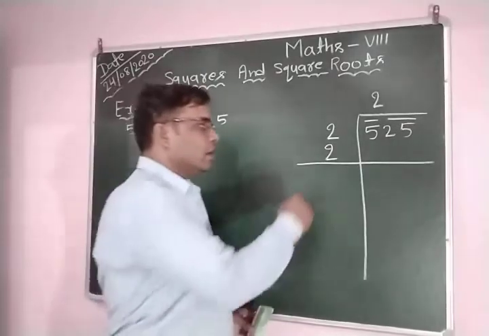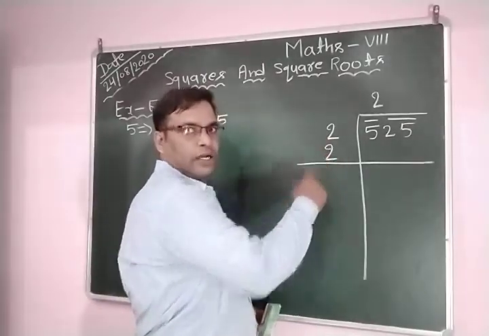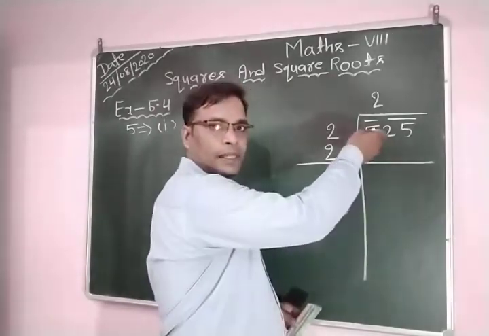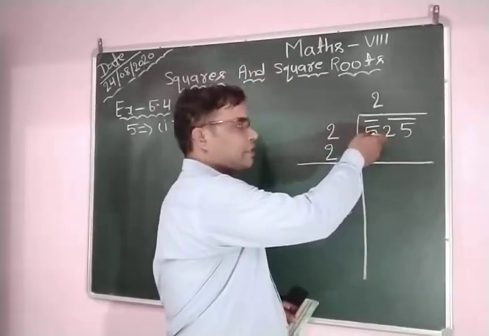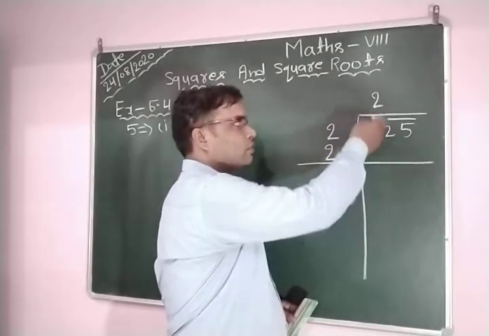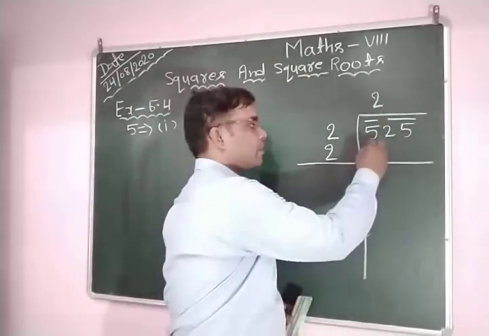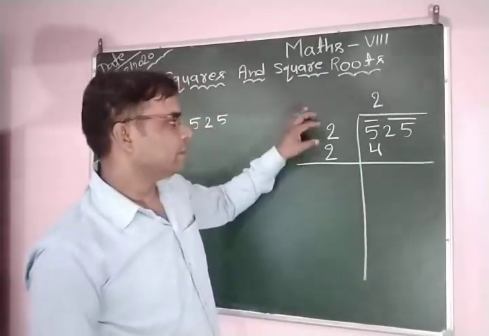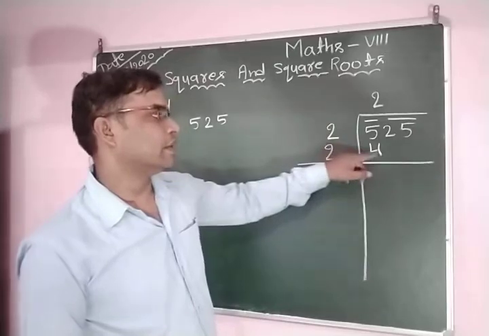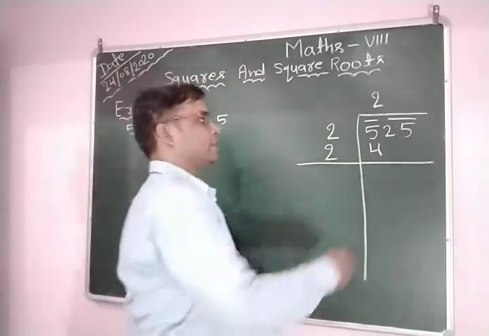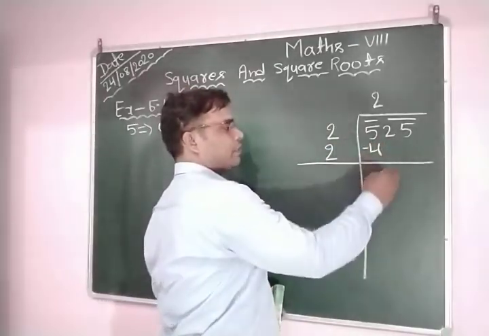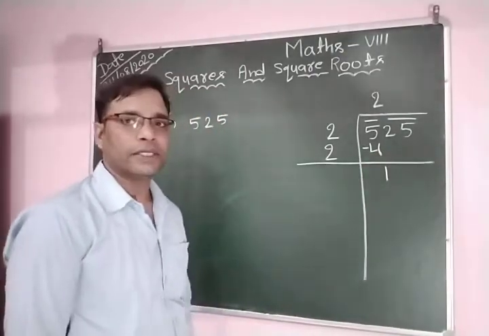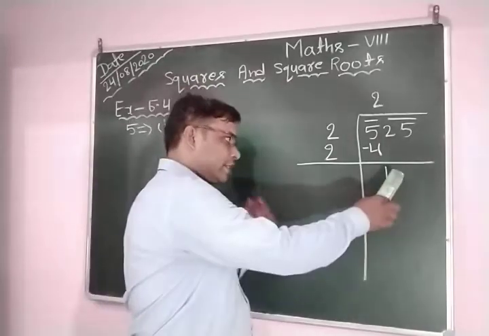Now we write the square of 2, which is 4, below 5. Or you can say we multiply 2 into 2, and subtract: 5 minus 4 is equal to 1. Clear? This is the remainder.